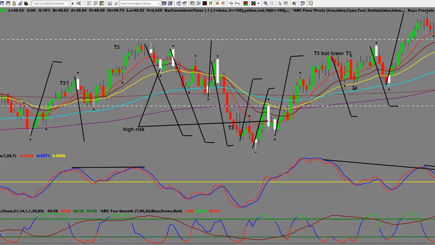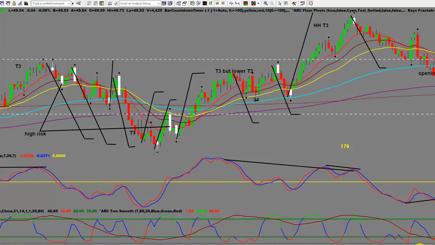So traders, this is one thing I just wanted to show you. Remember earlier I mentioned the T3s. Here's a closer swing high. This T3 entry is a higher risk because it's not higher. Now see this T3 I've got here, this is higher than that and that one. That's a much higher probability, great reversal.